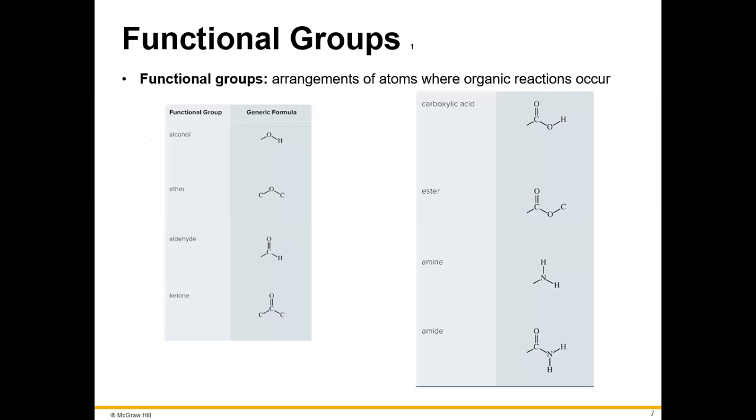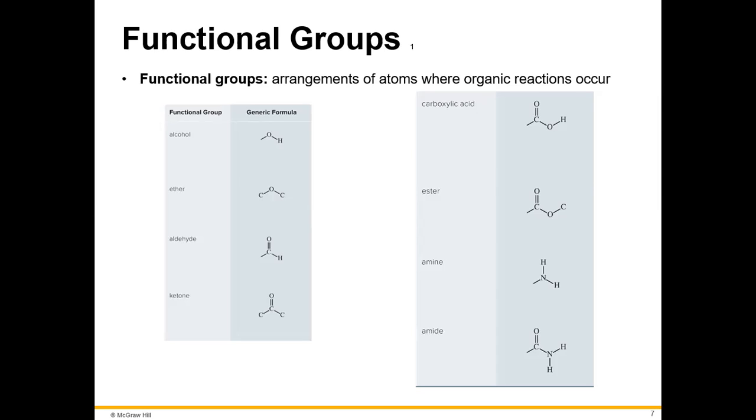Within organic chemistry, you have what are called functional groups, and these are arrangements of atoms. They're very specific arrangements of atoms where organic reactions occur. Now in Chem 1115, Chemistry and Society, you are not responsible for memorizing functional groups because this is a survey course, but in future chemistry classes, you will be memorizing those functional groups.